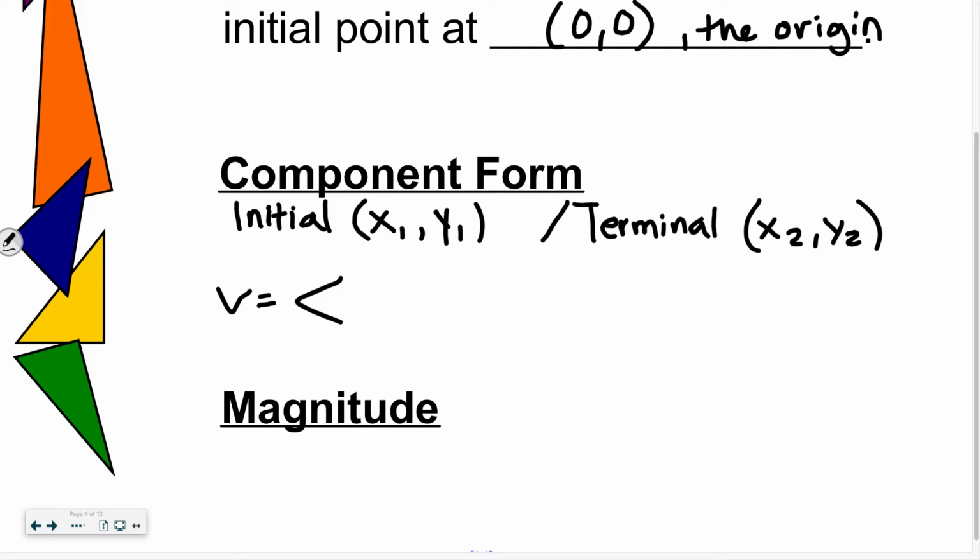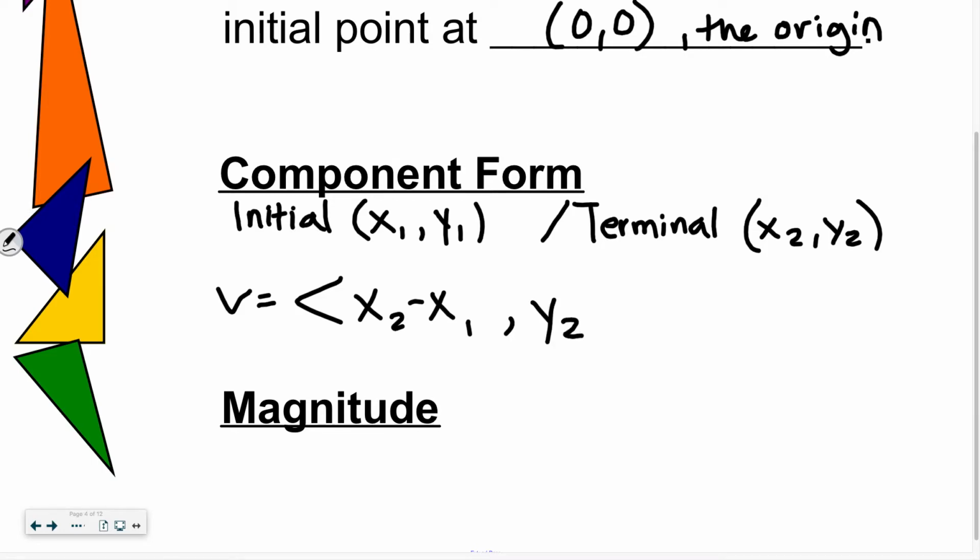And what you want is your horizontal component right here. So you want the change in x's. The one thing you'll have to be really careful here is the order matters. You have to do the terminal minus the initial so you get the correct direction for your vector. Okay, so start at the end, subtract the beginning, and then that'll give us our horizontal component.